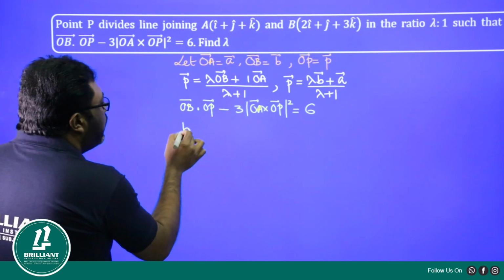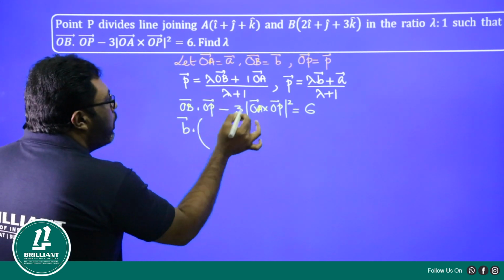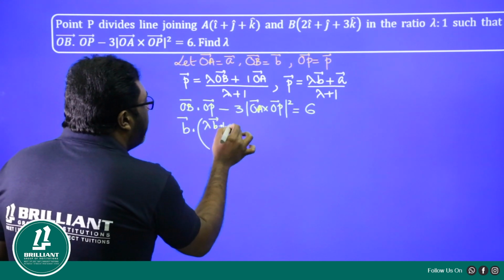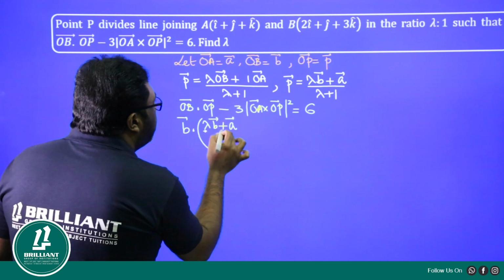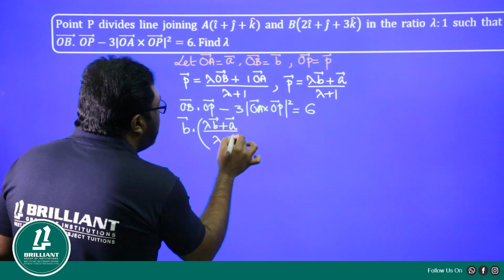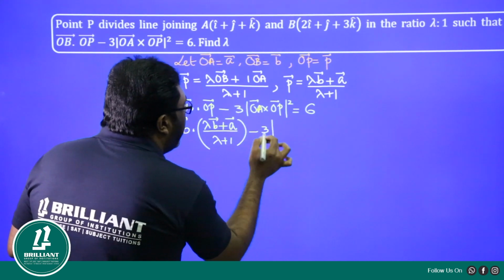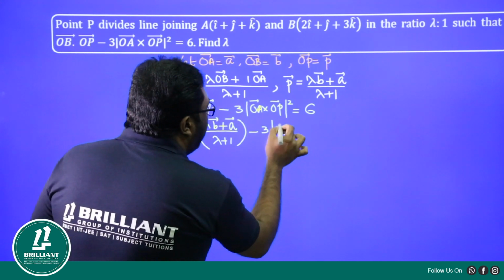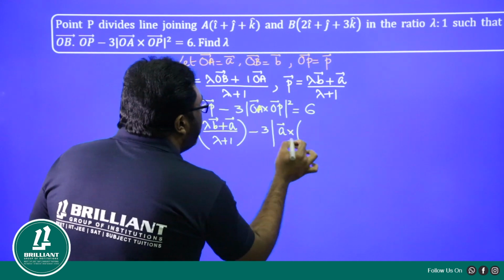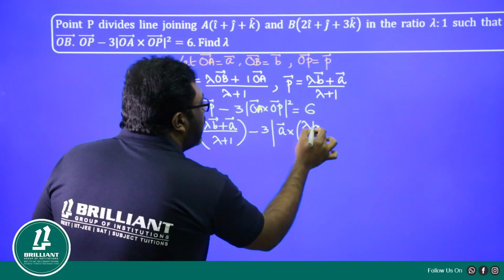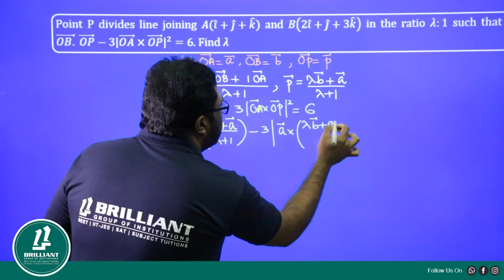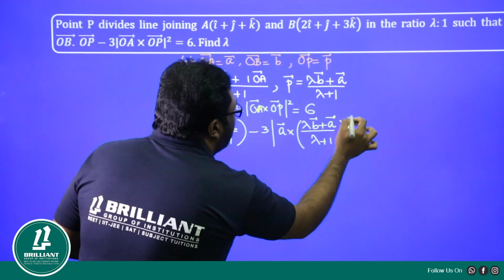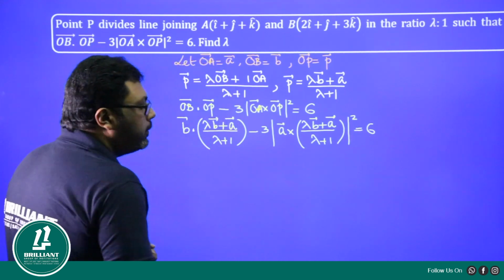OB is B vector dot OP is, that's a P vector, lambda B vector plus A vector divided by lambda plus 1, minus 3 magnitude of OA cross OP. OA is A vector cross OP is P vector, which is lambda B vector plus A vector divided by lambda plus 1, the whole square equals to 6.